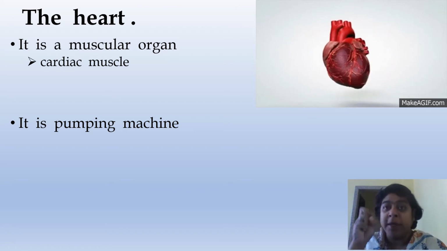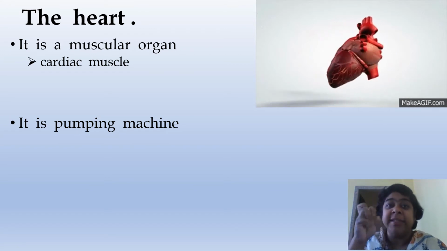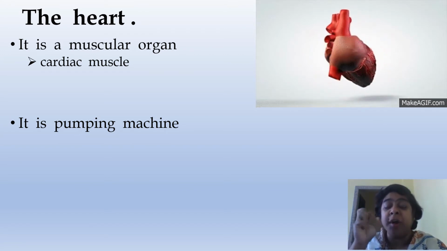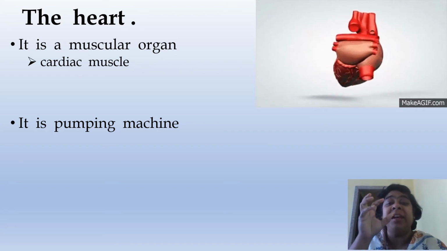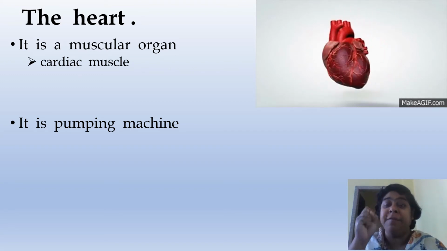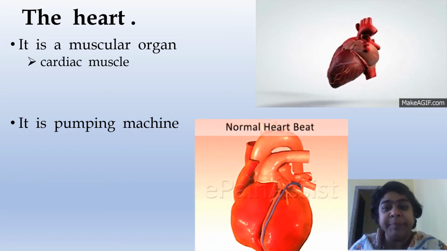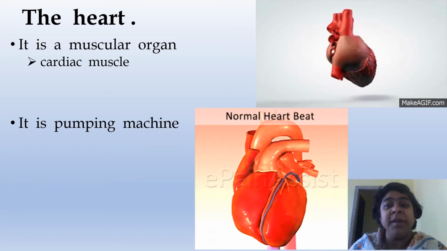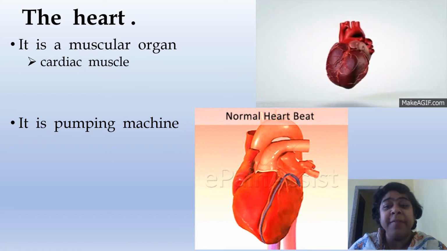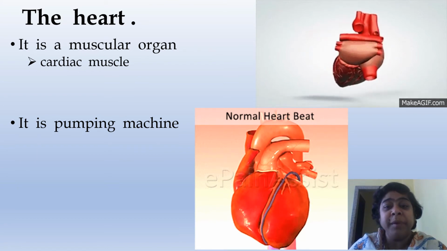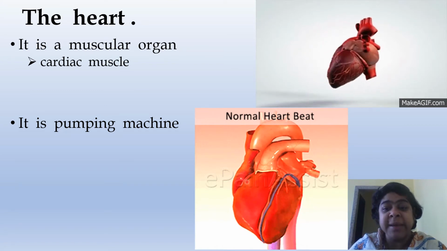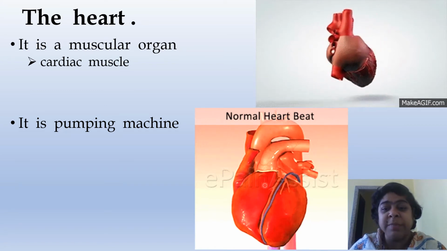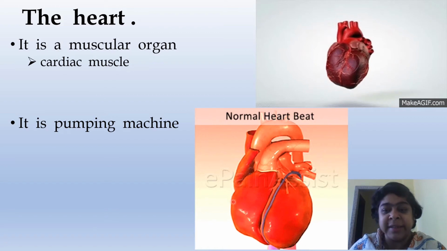That contracting and relaxing effect is giving the pumping machine effect to the heart. Can you see over here children the pumping effect of the heart? Yes, see, the heart is pumping. Can you see how it is pumping? Correct. Very good.